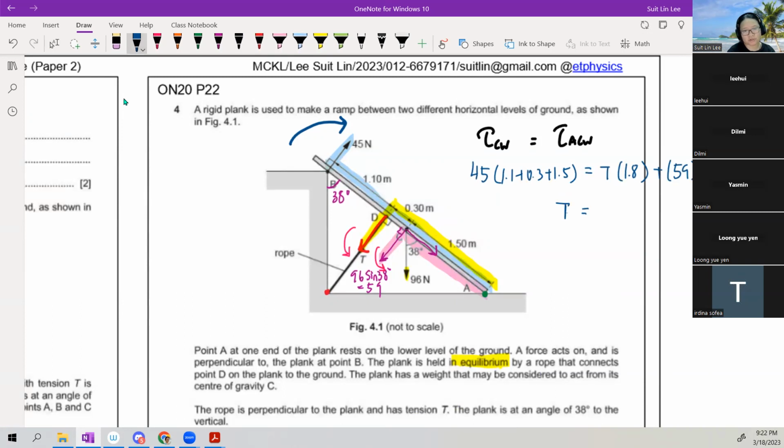Although the diagram can look very scary, if the forces are labeled for you, then half of the battle is already gone. All that remains is you resolve all the forces. You find the torque for each force by choosing the correct perpendicular distance. Then multiply and give them the right sign or the right designation. Let me press my calculator. 1.8. So my tension is 23.3 Newton.